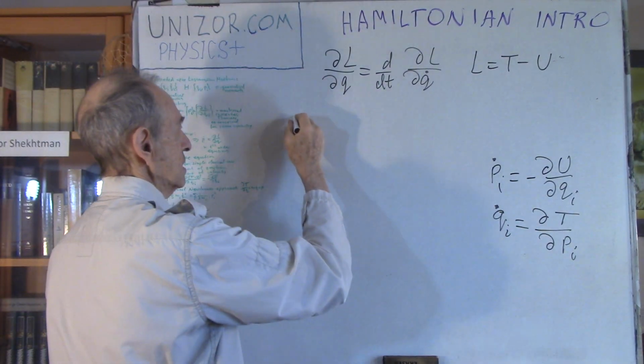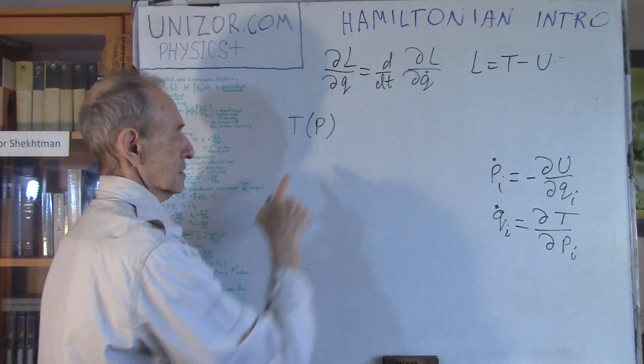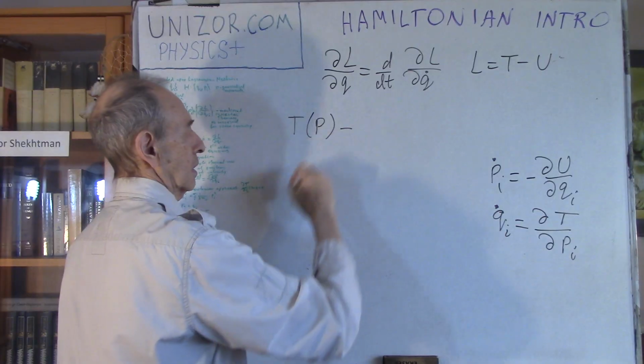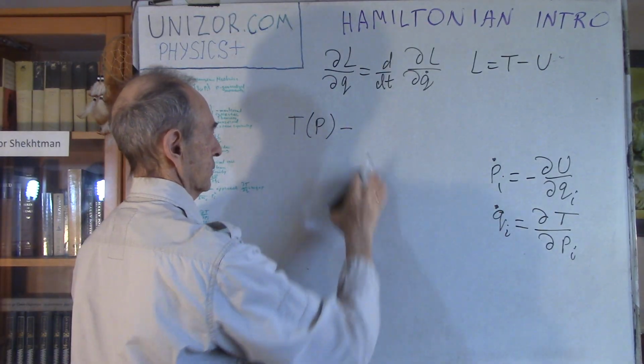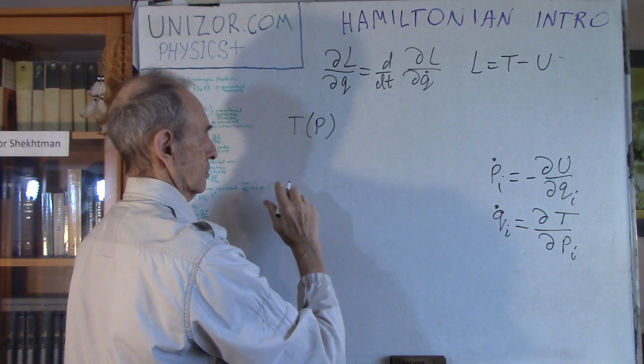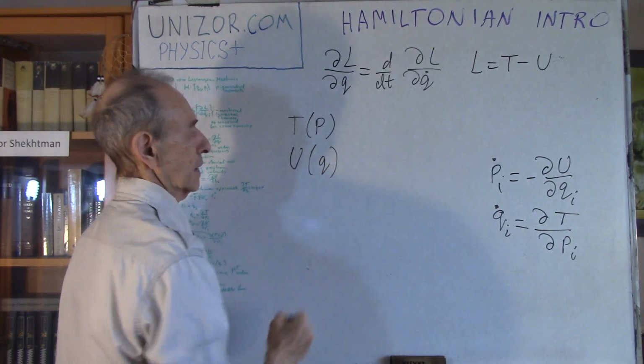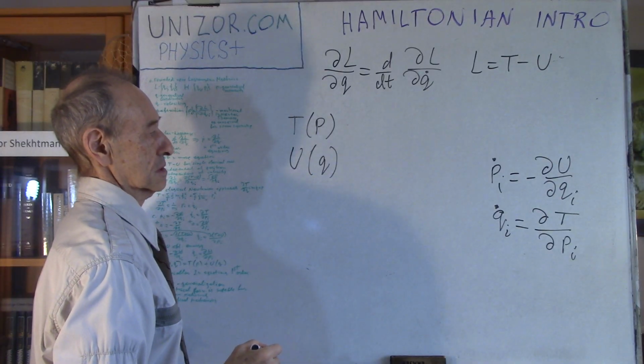Again, T is independent of q. It's a function only of momentum. Now U is independent of momentum and is a function of coordinates.